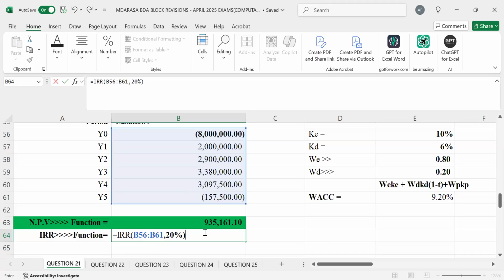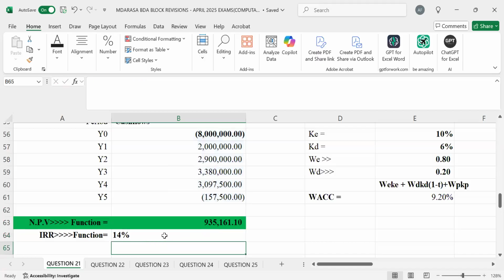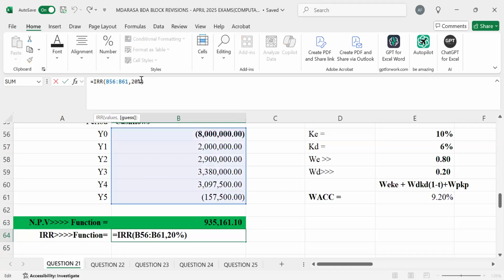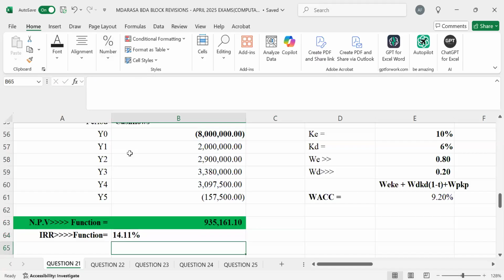So after all that, you just enter and you have your IRR to be the value there, 14.11%. See? So you have your IRR. Remember, even if you take any other rate, say like 25%, you still get the same value.